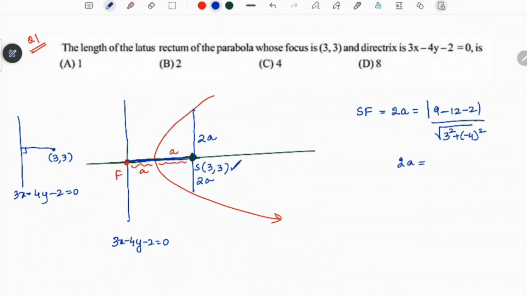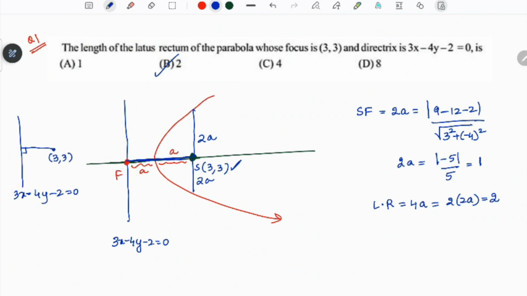So 2A is coming out as 9 minus 12, that is minus 3, minus 2, modulus of minus 5, divided by 5, which is 1. So the latus rectum length, that is 4A, which is double of 2A, which is 2. All right, so this would be our answer.